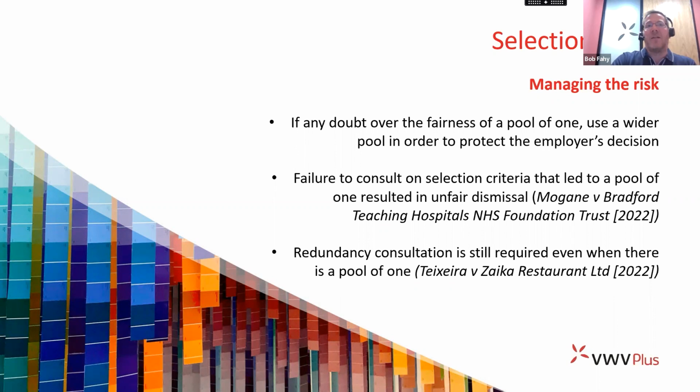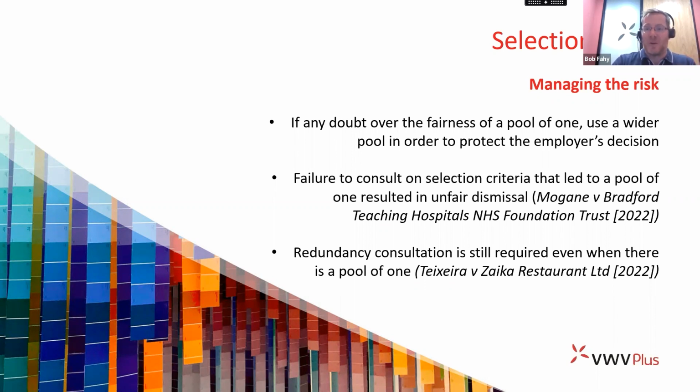In Mogane, the sole selection criterion used was that the employee's fixed-term contract ended before that of her colleague, and so the employer put her in a pool of one, and then fatally didn't undertake any consultation prior to that decision. And as there was no consultation, that could have impacted on the decision making process.